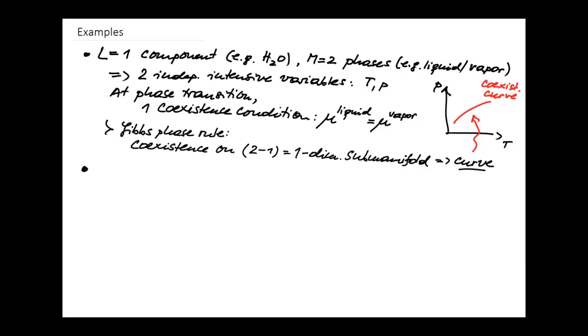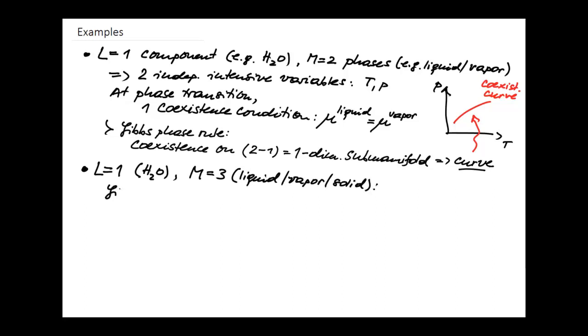We could still look at the case where we have only one component, so say still water, but now we could ask what happens when we have three phases present. So the number of phases is equal to 3. So liquid, vapor, and also solid.